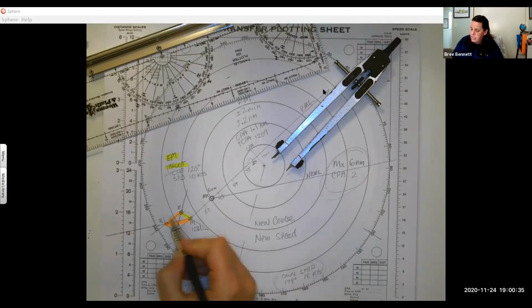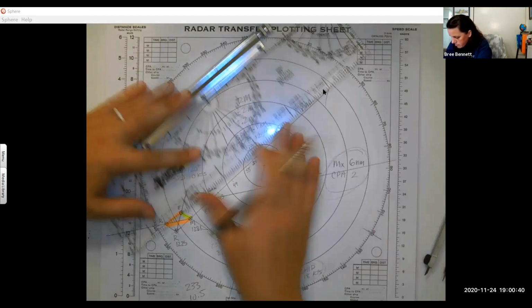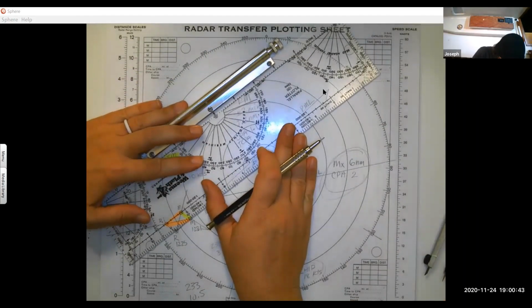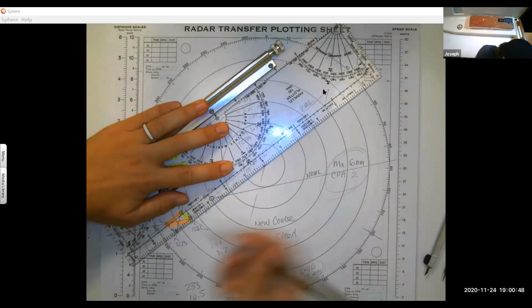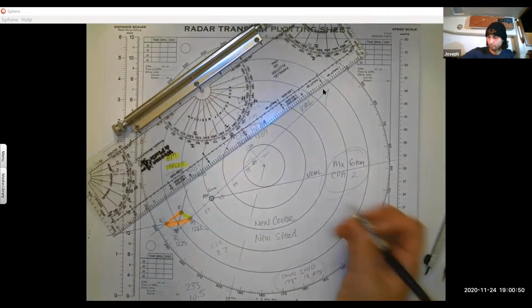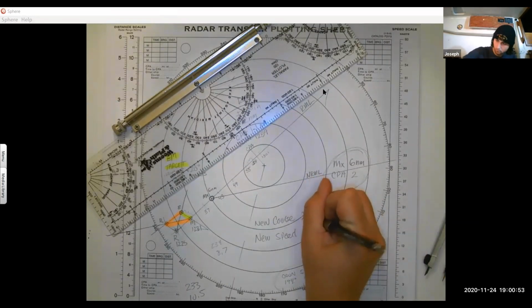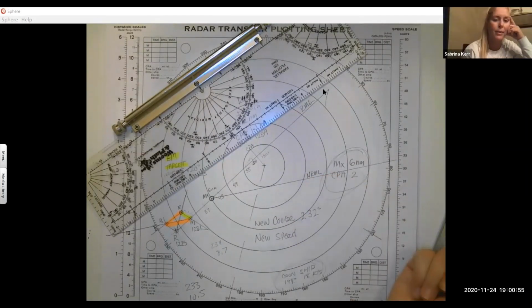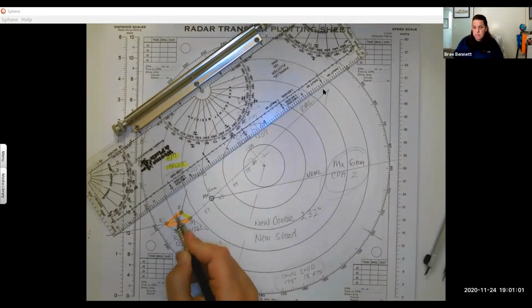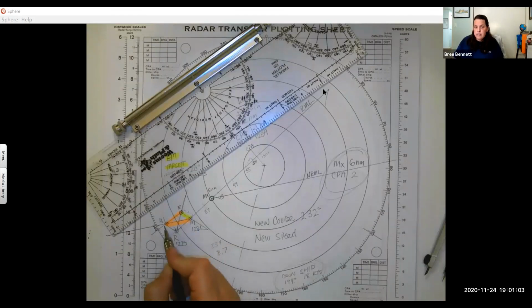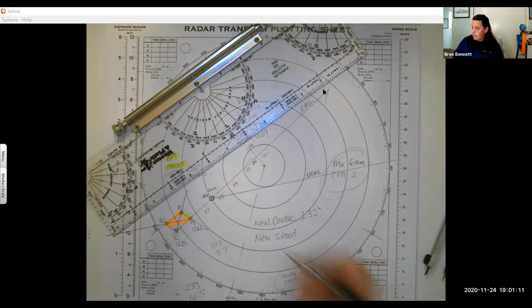So we're going to measure that new E to R line to see what our new course is. Say that again, Captain. E to R prime. The E to R of our new REM triangle is our new own ship.